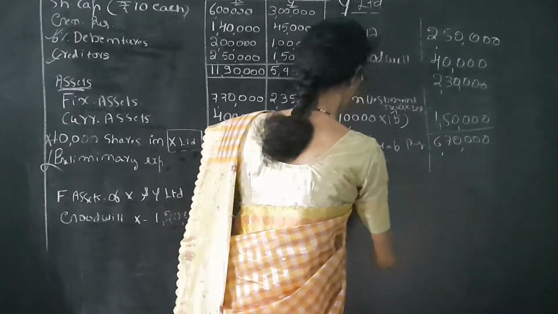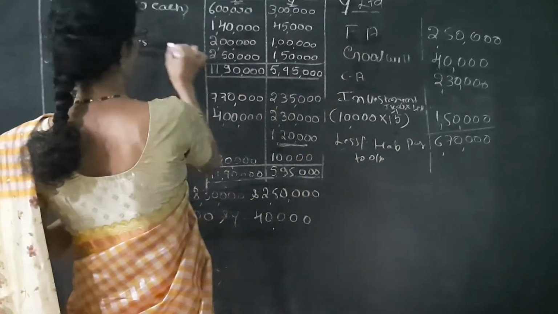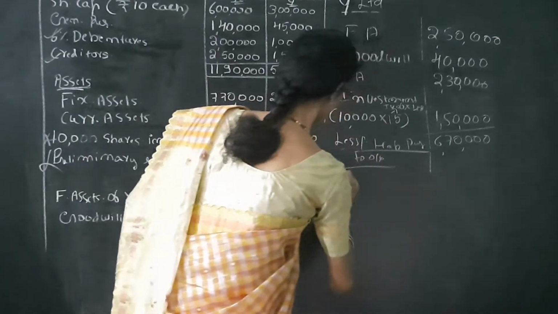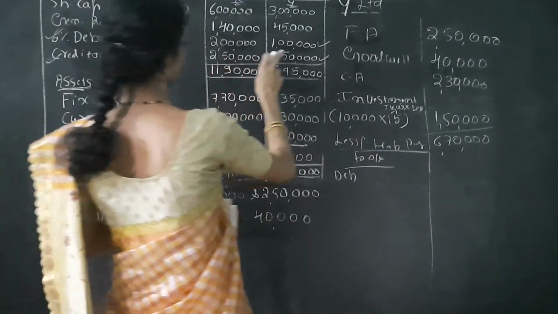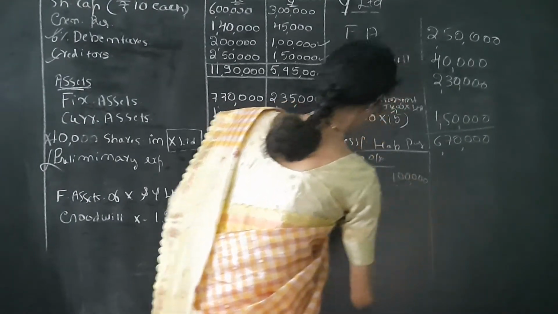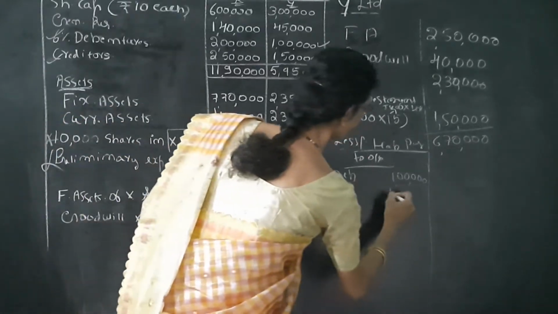Liabilities payable to outsider. So it is once again debentures and creditors. So we have to deduct debentures 1 lakh. Then creditors 1,50,000.